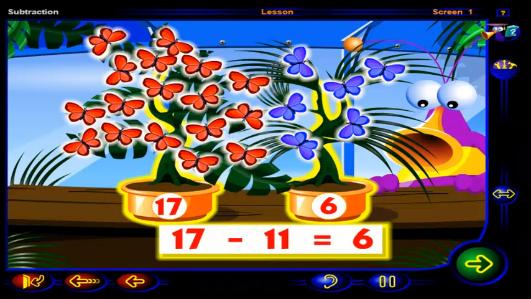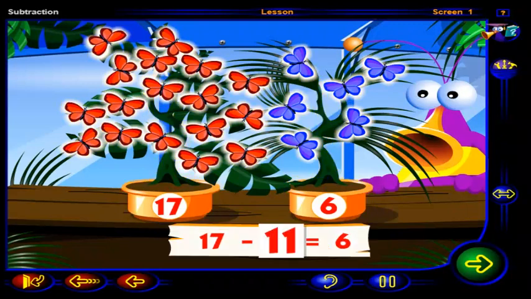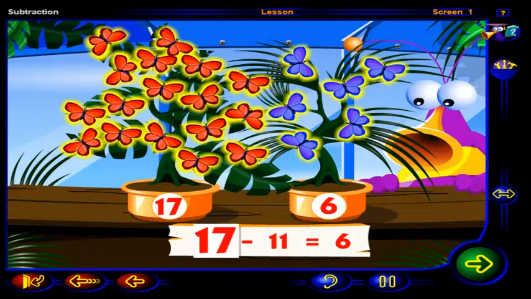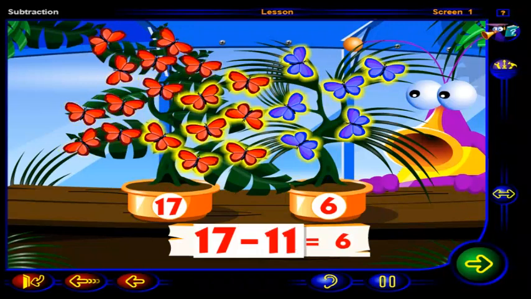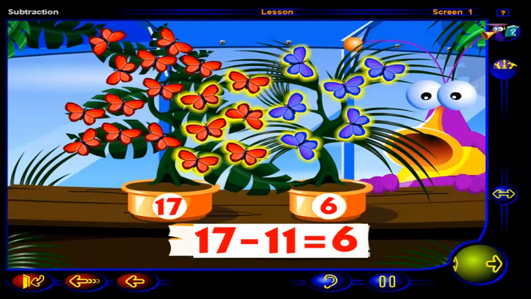This number sentence shows that there are 11 more red butterflies than there are blue butterflies, because 17 minus 11 is 6, which is the number of blue butterflies.